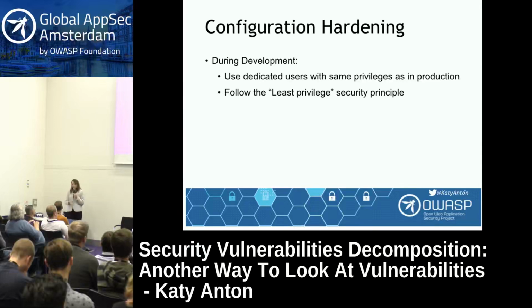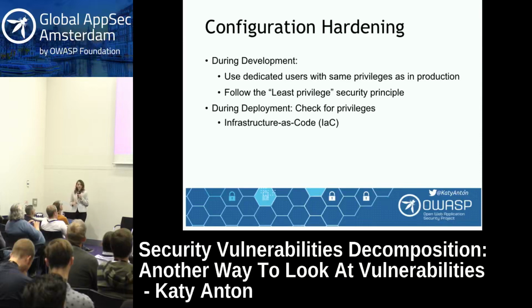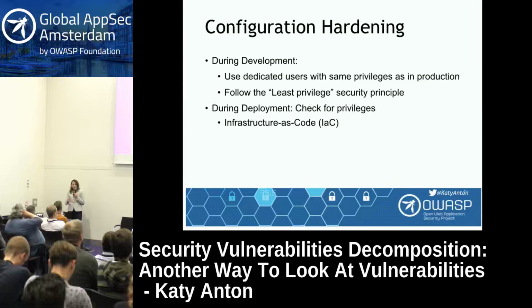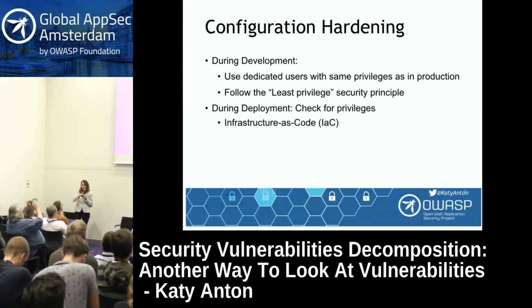During deployment, we should ensure that these permissions still apply. For companies, this can be achieved today using infrastructure as code, but if this is not available, because it's not a modern application, we can still achieve the same thing using a set of bash scripts for critical parts of the system that we want to check the configuration for.